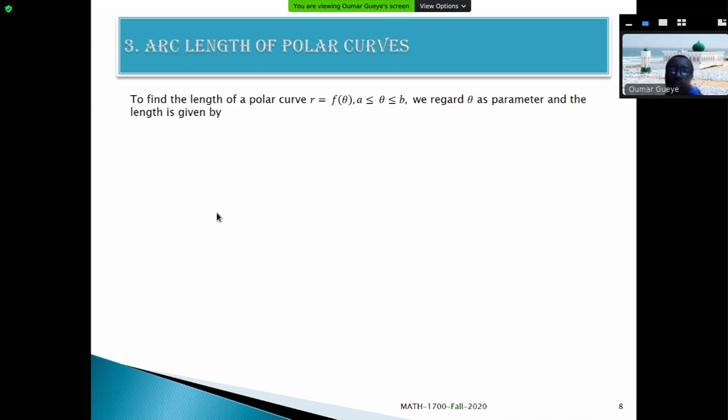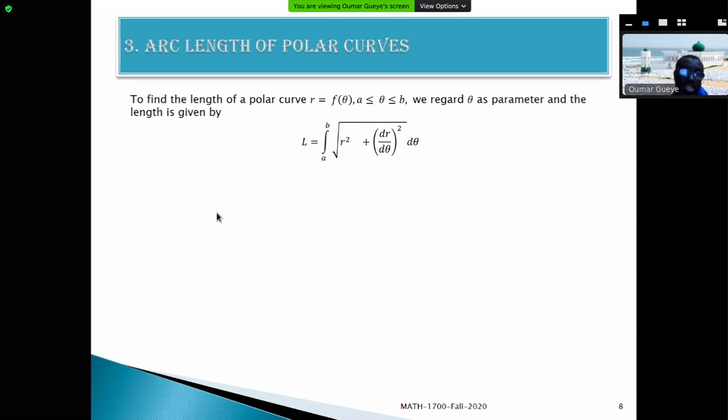So these are going to be in terms of theta in this case. And the formula becomes the square root of r squared plus the derivative of r with respect to theta squared, and we integrate with respect to theta. So in this case, you guys can also use the previous formula, dx by dt squared plus dy by dt squared, but it's going to be longer.